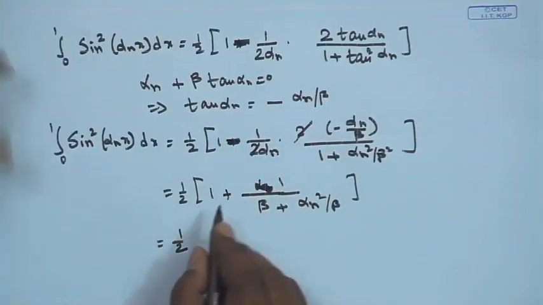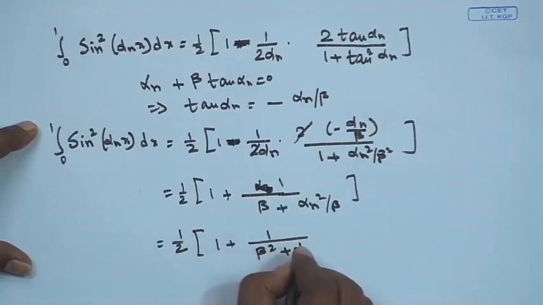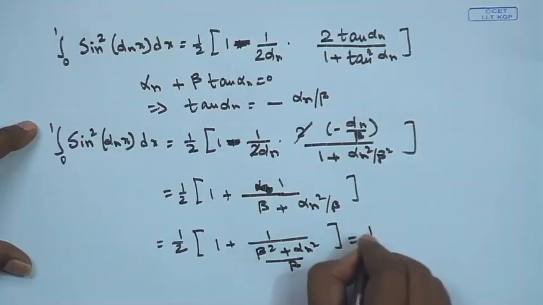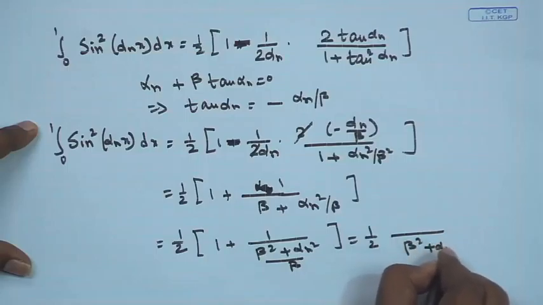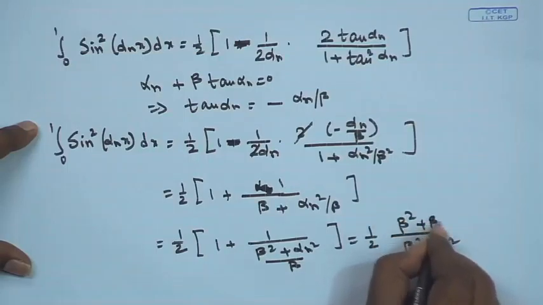So, it will be plus half of 1 plus 1 by beta square plus alpha n square divided by beta. So, you will be getting half of beta square plus alpha n square, which is beta square plus beta plus alpha n square. Okay.